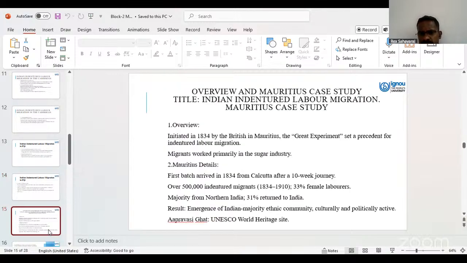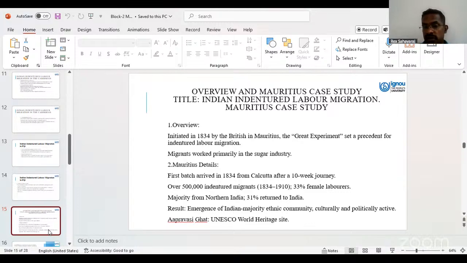So when you look at the overview of the Mauritius case study, of Indian indentured labor migration in Mauritius: initiated in 1834, the British Mauritius Great Experiment set a precedent for indentured labor migration. So, in history, people were migrated from India, and the testing country was Mauritius, right? The migrants were primarily in the sugar industry.